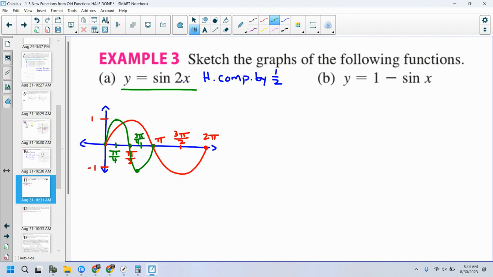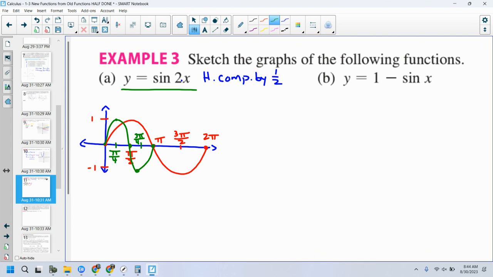Whenever I ask you to graph sine or cosine, please make sure that you include where the intercepts are and where each vertex is. Okay, the high point and the low point. I should see the 5-point summary: where it starts, the high point, where it crosses the x-axis, the low point, and then again here at the end.